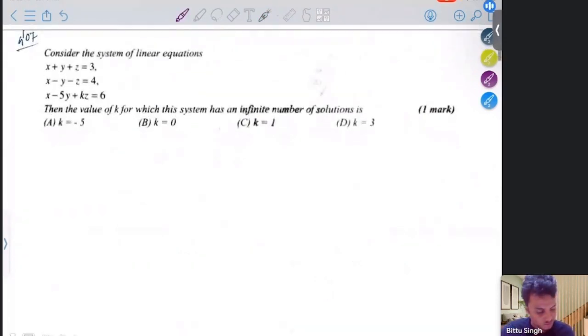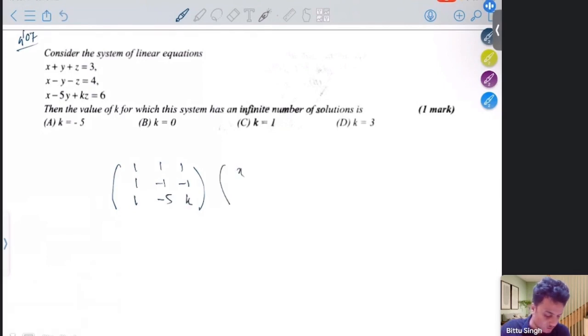Let us solve this question. Here, if we write in matrix form, the equations can be written as 1 1 1, 1 minus 1 minus 1, then 1 minus 5 k times x y z equal to 3 4 6, right?